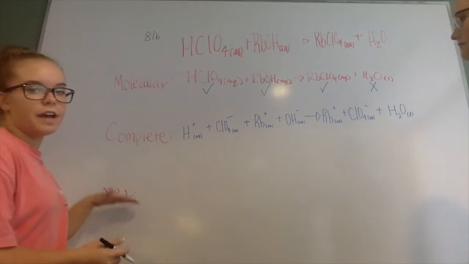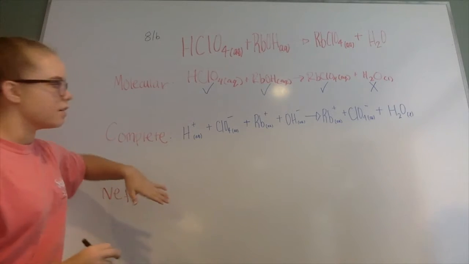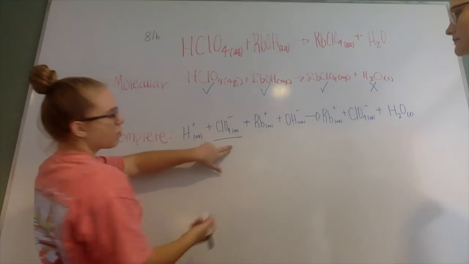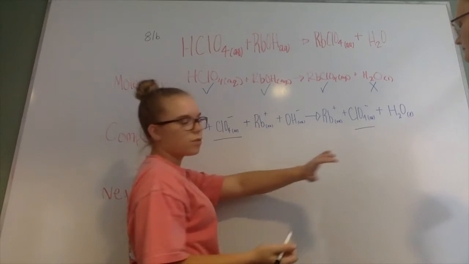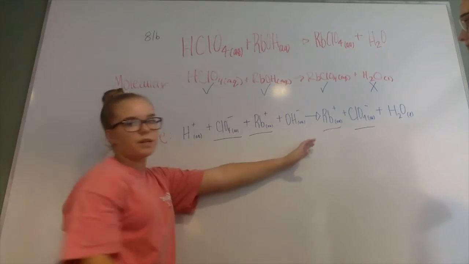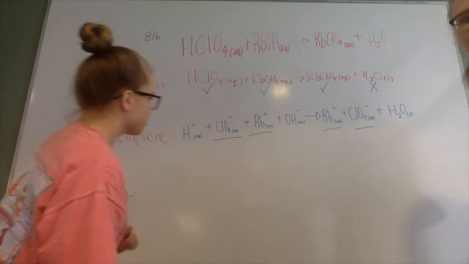Then for our net ionic equation, we look to see which ones are the spectator ions. You can see that you have your perchlorate ion right here, which stays the same on this side. It's still the same perchlorate ion, and also the rubidium ion is staying the same rubidium ion after the reaction has occurred.